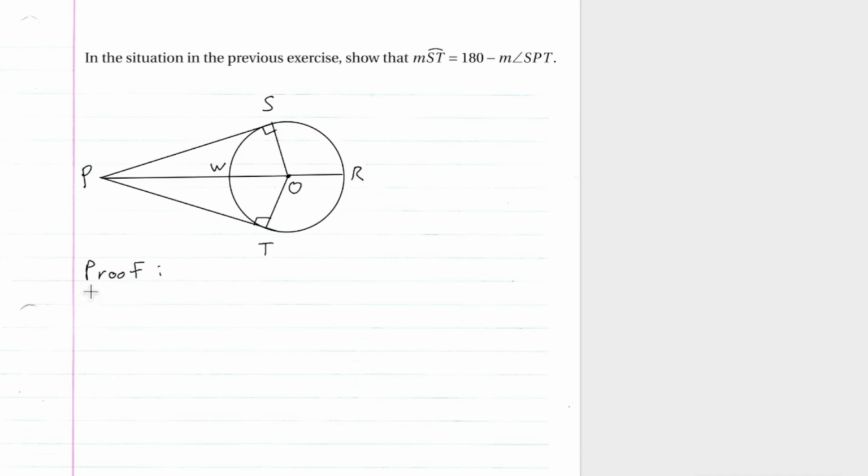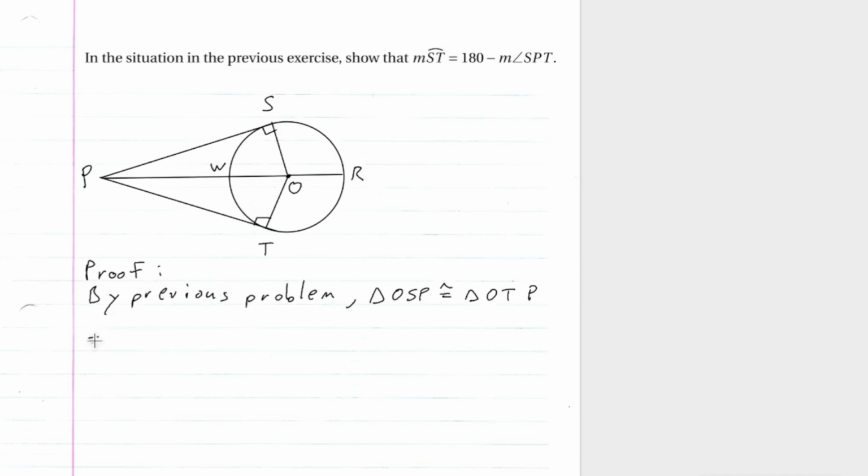So by the previous problem, we found that triangle OSP was congruent to triangle OTP, right? So we were able to conclude that in the previous exercise.